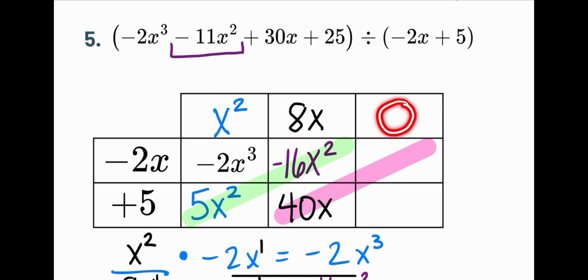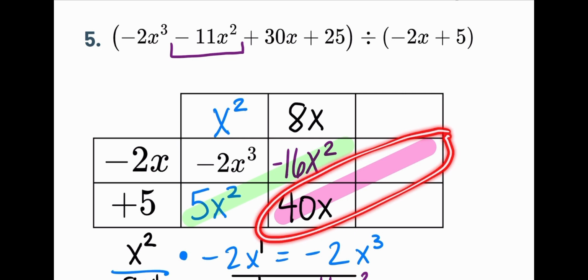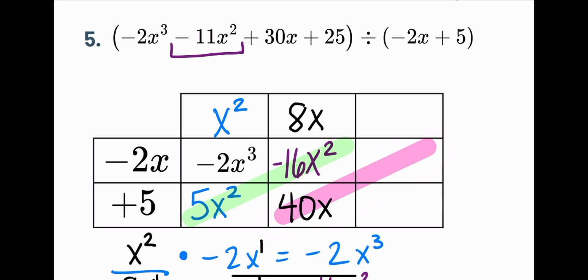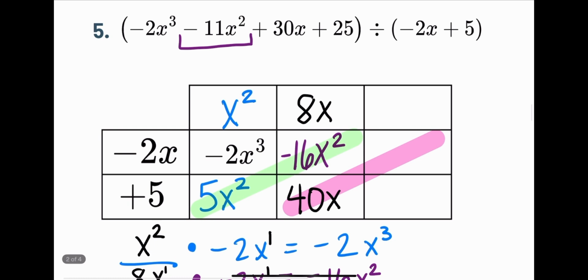And we can't find this box without this one. And same here, we can't find this box without this one. So what do we do? Well, look at what we highlighted earlier. This box, we know it has to be a like term with this box. So what's a like term with 40x? Something x.